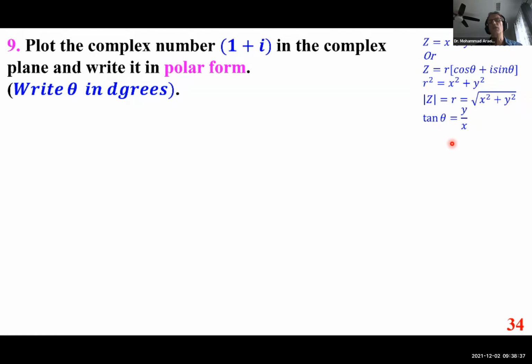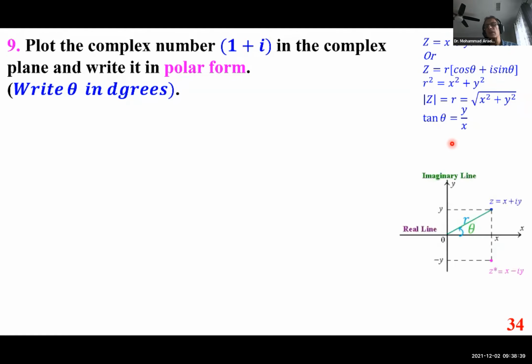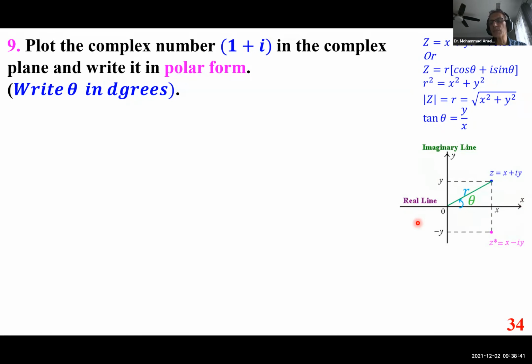A lot of things are being repeated here. Here's the complex plane. Here's the real line along the x-axis, and the imaginary line along the y-axis. Here's the r, here's the theta. I hope you remember for polar, we need theta and r.